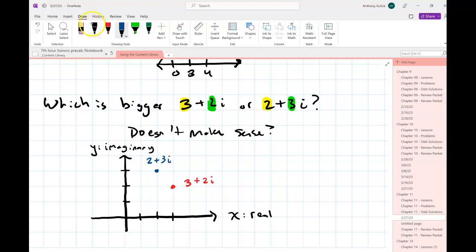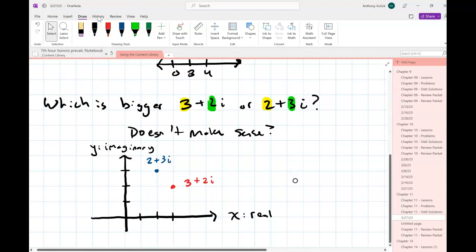It turns out that very much so, everything that we can do with vectors, we can do with complex numbers in the same fashion.